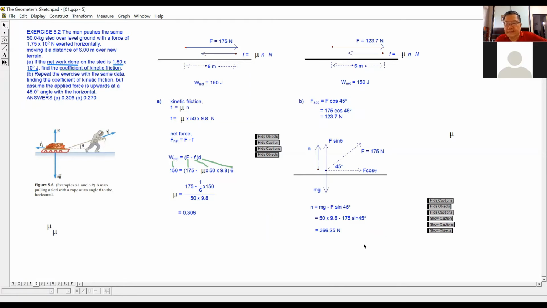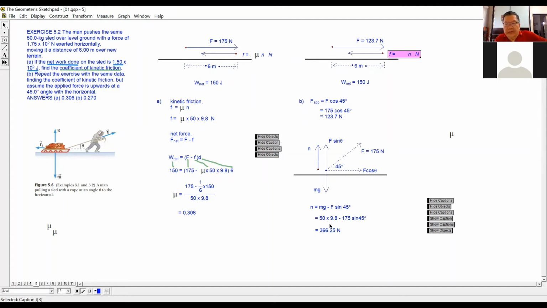So 366.26. Okay, then you have found out the normal reaction. So what is the frictional force? You just add the mu in front.